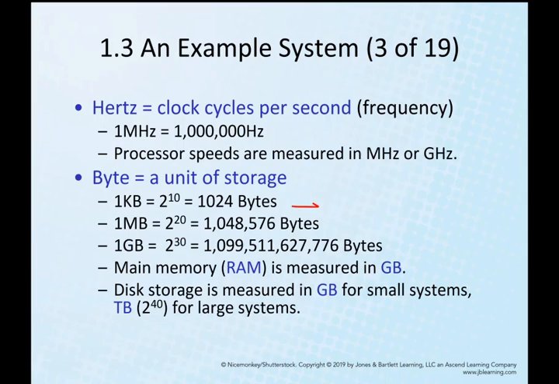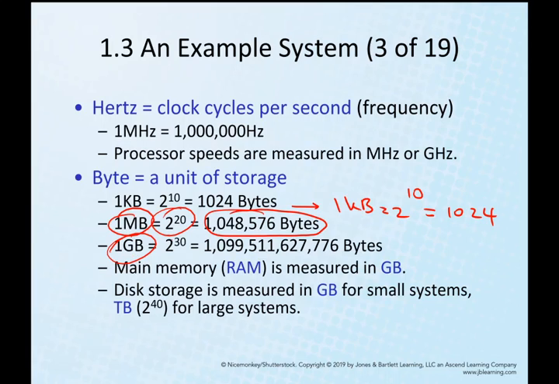So we know that 1 kilobyte is 2 to the power of 10 bytes, as I said, it's 1024 bytes. 1 megabyte is 2 to the power of 20 bytes, which is about 1 million bytes.